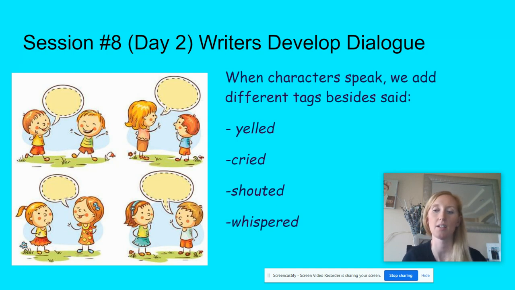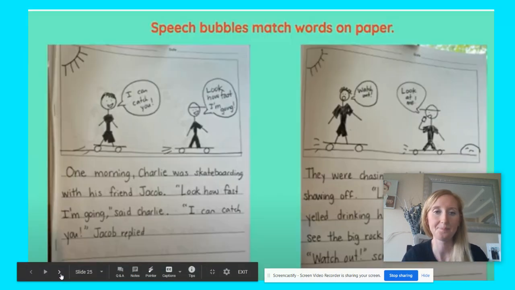So instead of saying Gretchen said in my book about Gretchen, I might say Gretchen yelled, or Gretchen cried, or Gretchen shouted, or Gretchen whispered, right? It will make your story more exciting and interesting to use dialogue. And dialogue is just a fancy word for talking, right? Okay, so let's get started.